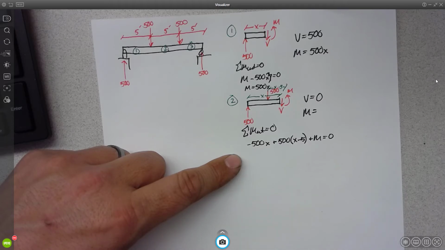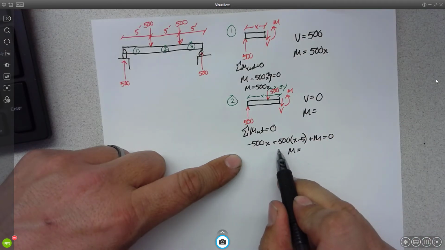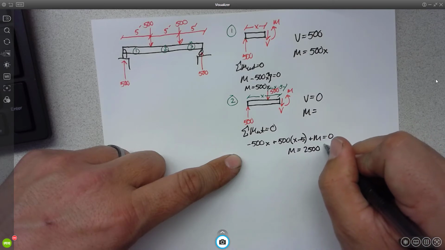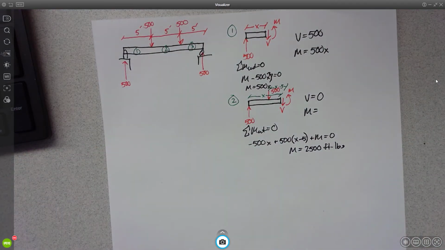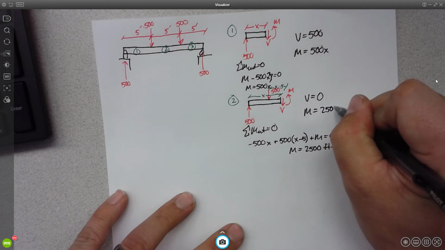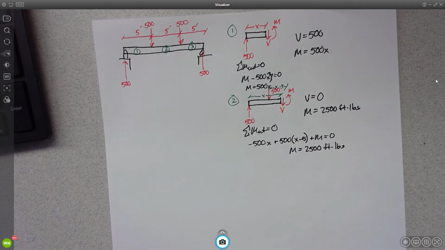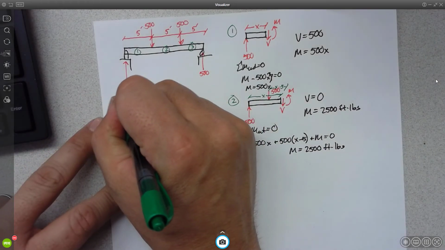Right? That looks like M is equal to 2,500. Huh. It's constant. Okay. And lastly, let's do region 3.